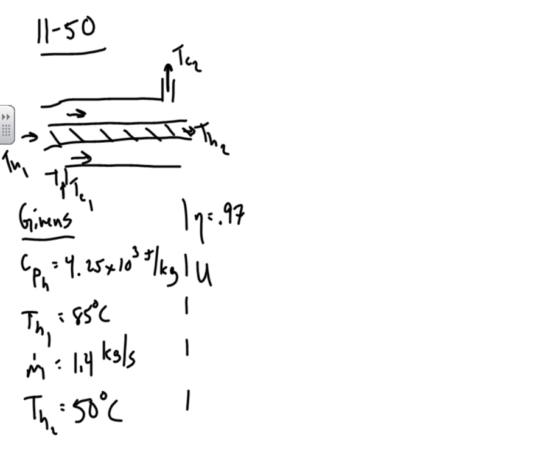We're also told the overall heat transfer coefficient of this heat exchanger, capital U, is 1150 watts per meter squared Kelvin, and that the surface area is equal to 4 meters squared.